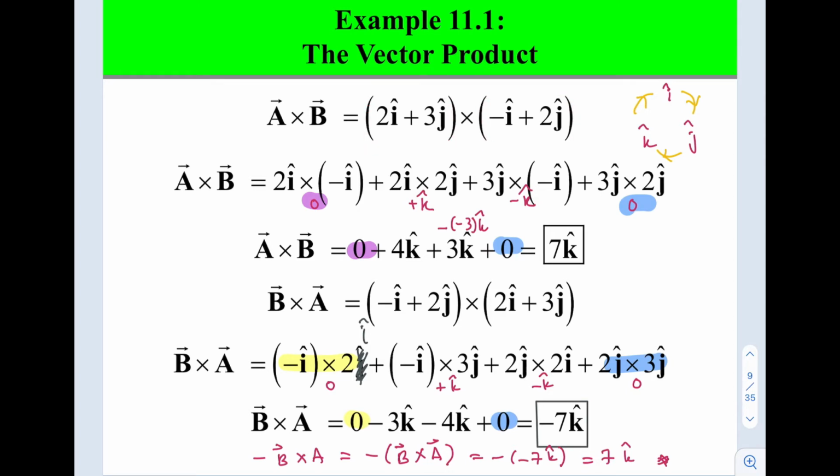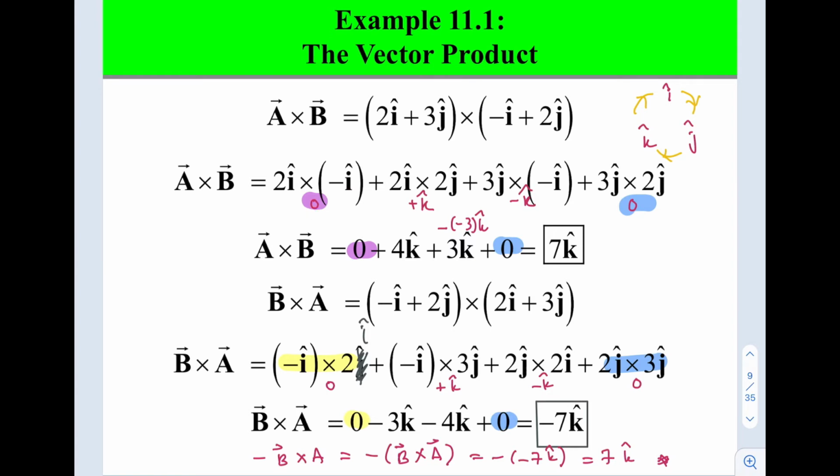So we are going to open up the parentheses. We are going to do 2i multiple with negative i, plus 2i multiple with 2j, and then 3j multiple with negative i, plus 3j multiple with positive 2j.